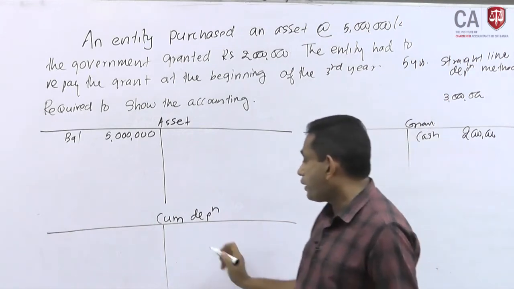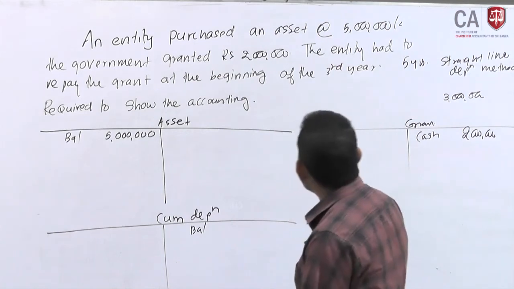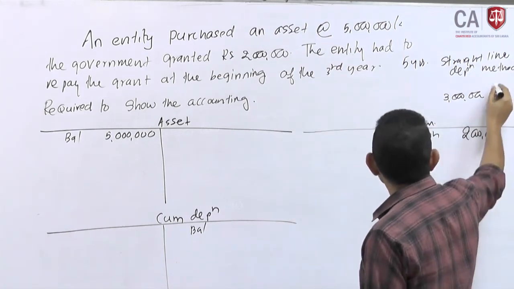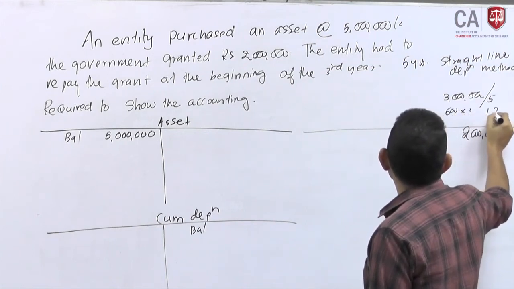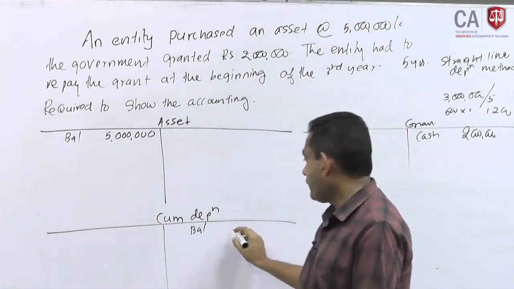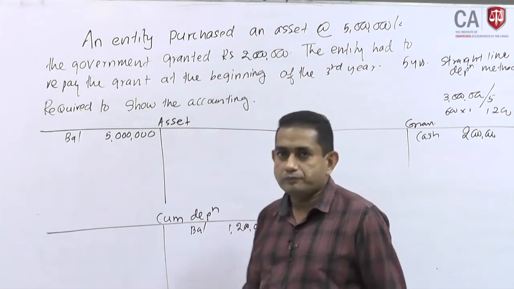So, 2 years have gone, the balance of depreciation figure now should be how much? The balance would have been 1.2 million rupees. So, let me bring cumulative depreciation balance here, 1.2 million, right.